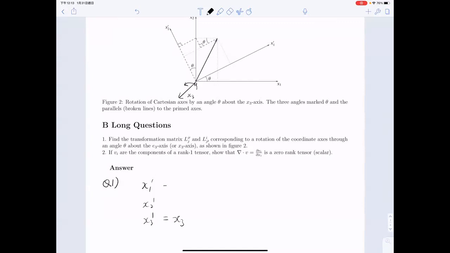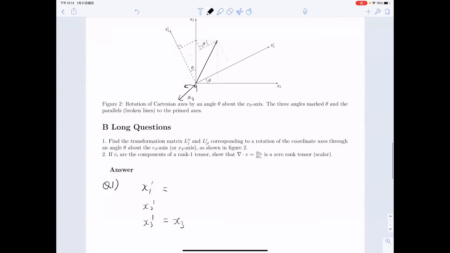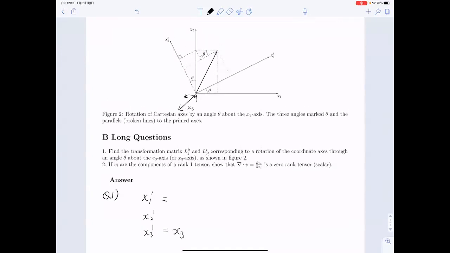How about the new coordinate system decomposed by the old unprimed system? You can see x1 prime is equal to x1 cosine theta plus x2 sine theta.